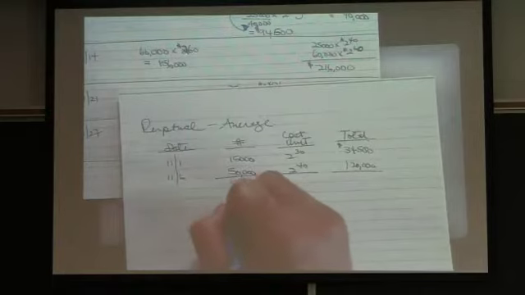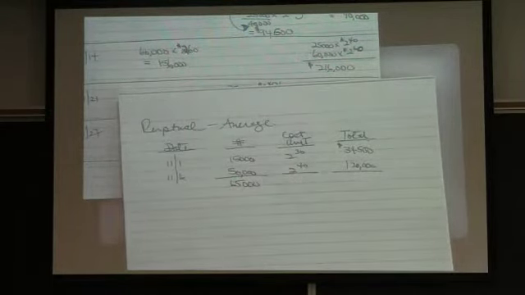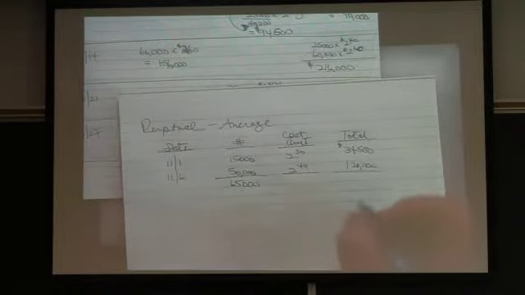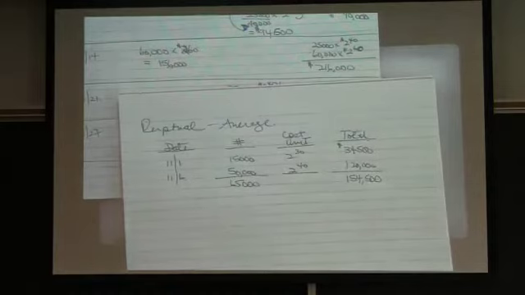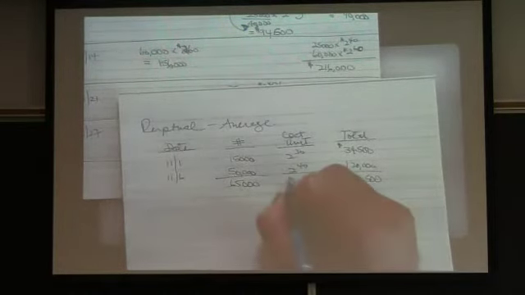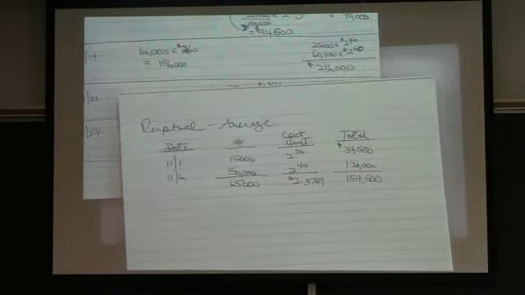So it would be 65,000 units, and the sum of this is 34,500 plus 120,000, that's 154,500. We're going to divide that by 65,000 units to give us an average of $2.3769. That's the new weighted average.